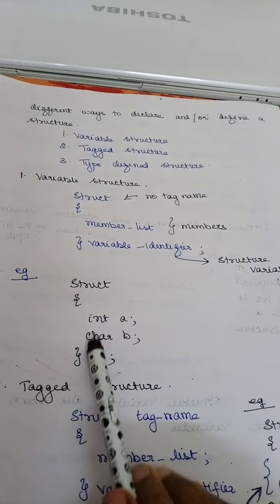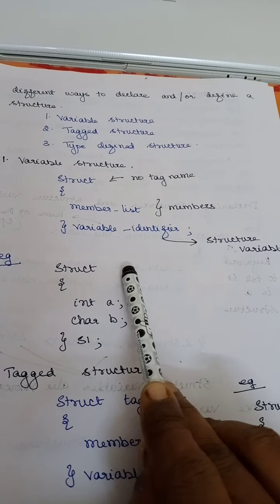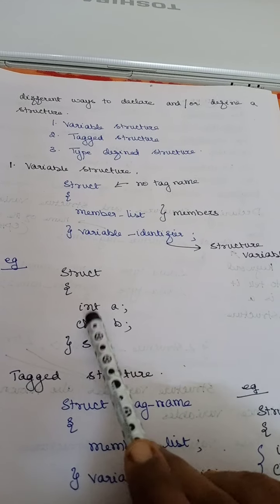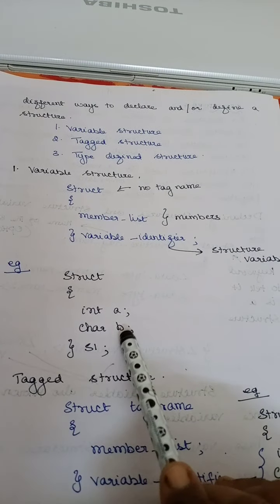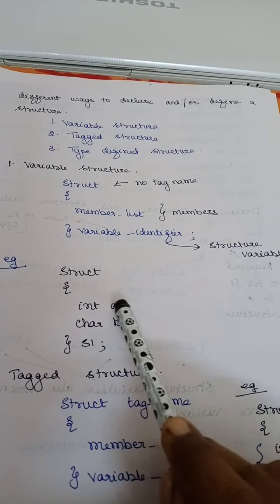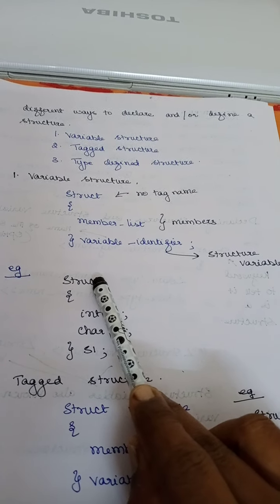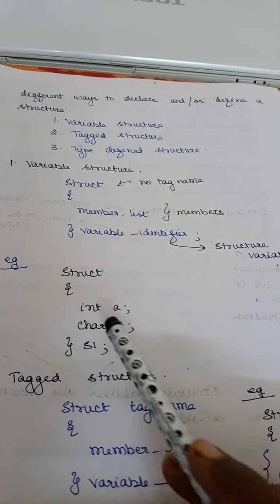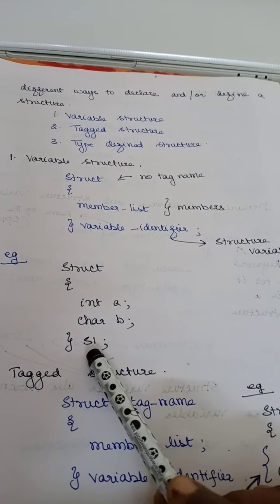For example, you see here I have not mentioned the name. So struct, I have opened the curly braces, int A, character B. So I have two different types under my structure. This you will call a variable structure, and S1 is going to be my variable.